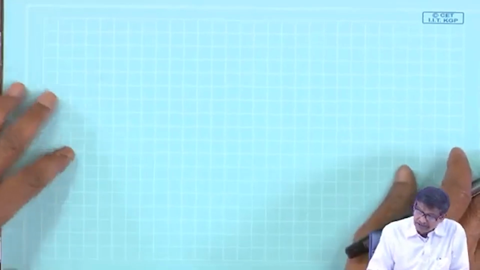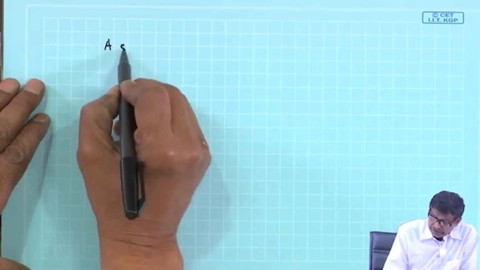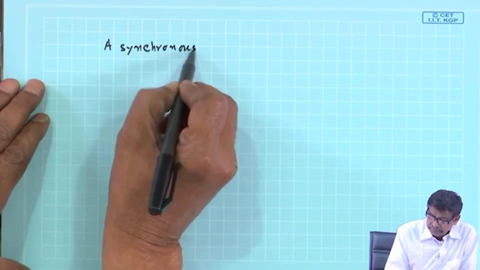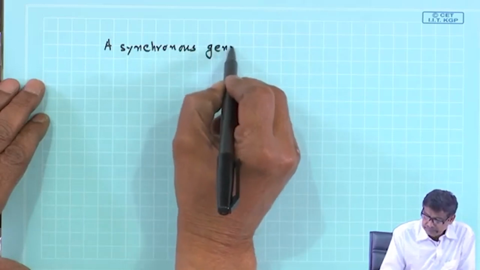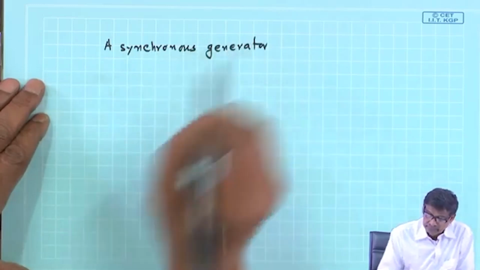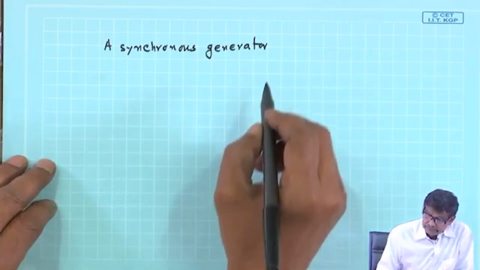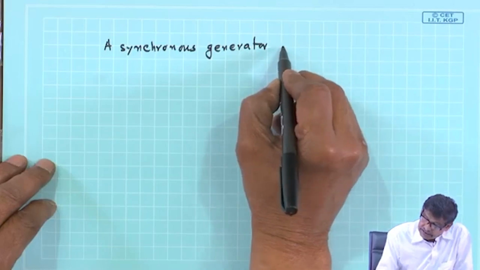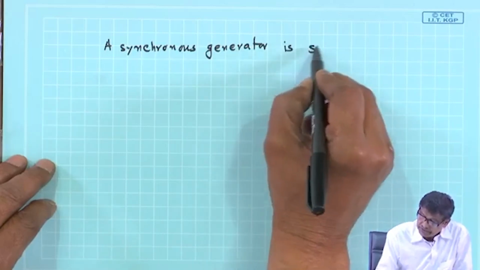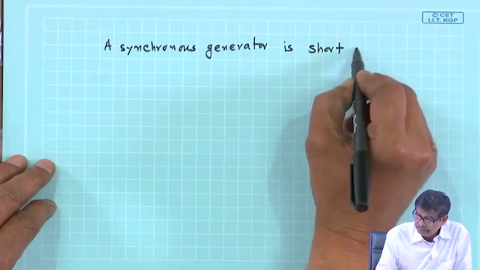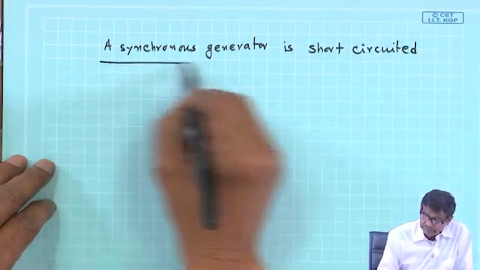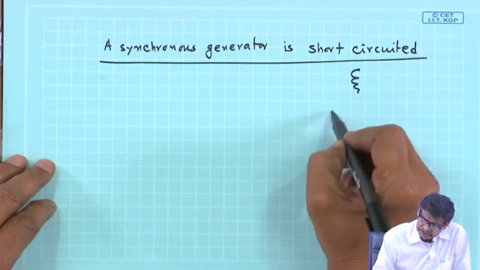For example, if I say a synchronous generator is short circuited, the situation is like this.